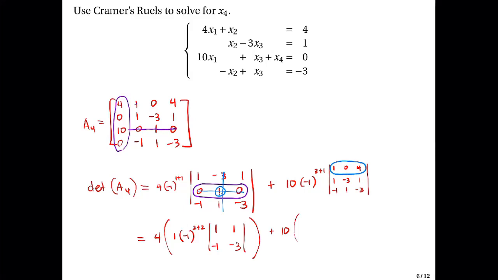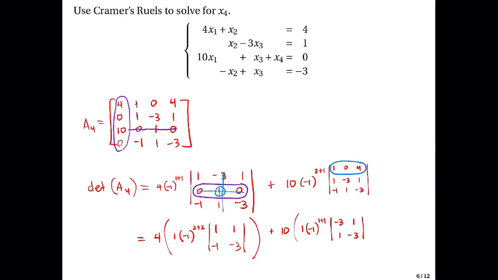So we start with this one here. We have 1 times negative 1 raised to 1 plus 1. So that's the 1, 1 entry. And then determinant. You delete this row, you delete this column. So you'll be left with negative 3, 1, 1, negative 3.